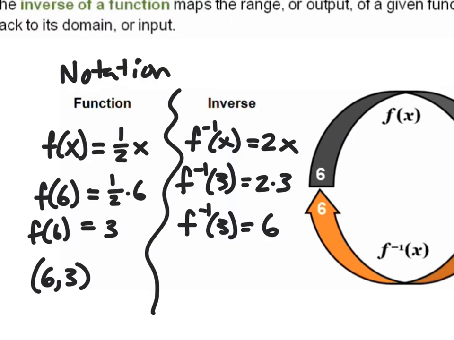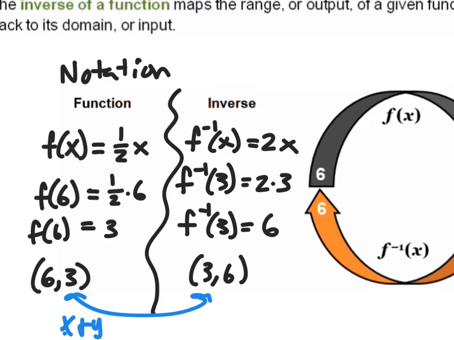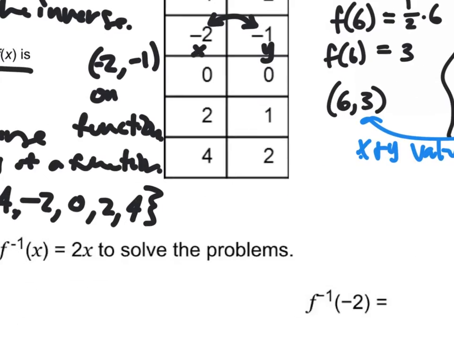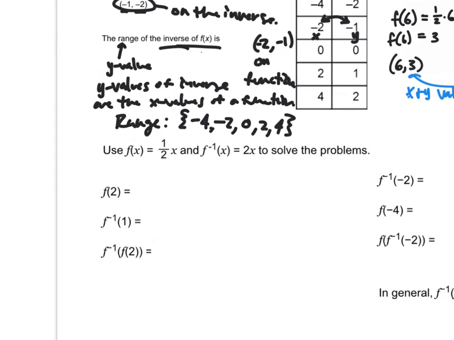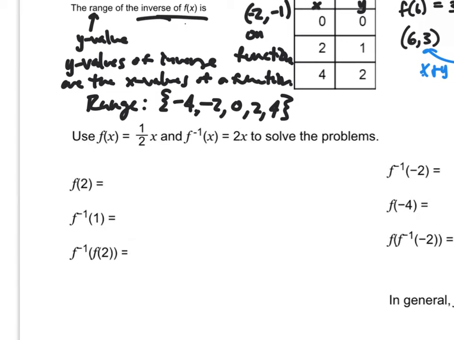Therefore, I have the point (3, 6), and all I've shown is that the x and y values are switched. We'll go over how to actually find these functions here in a bit.